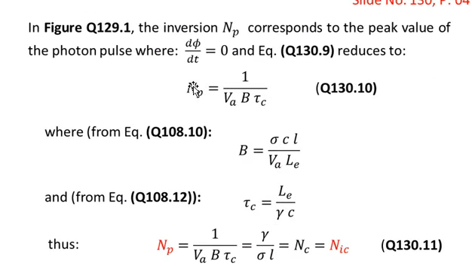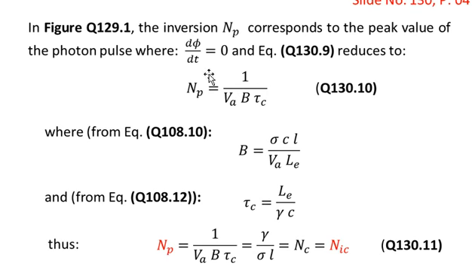That is, the population inversion corresponding to the peak value of the photon pulse is equal to 1 over V_A times B times τ_c.